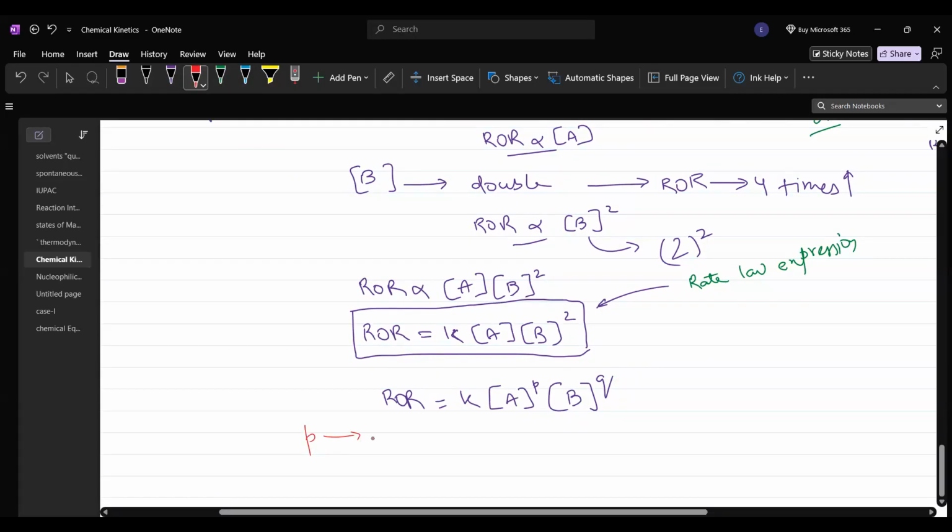P is order of reaction with respect to A, right?